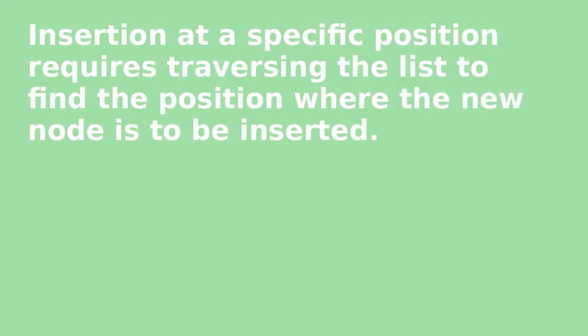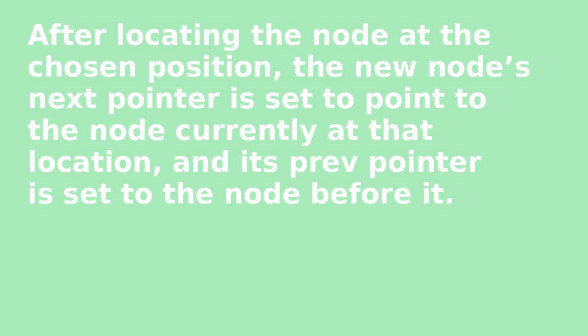Insertion at a specific position requires traversing the list to find the position where the new node is to be inserted. After locating the node at the chosen position, the new node's next pointer is set to point to the node currently at that location, and its prev pointer is set to the node before it.